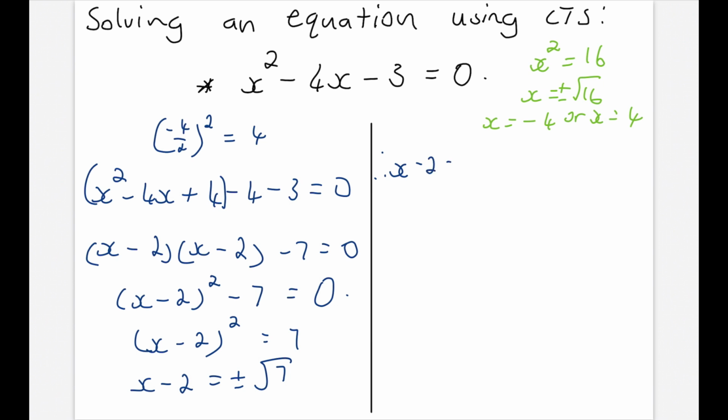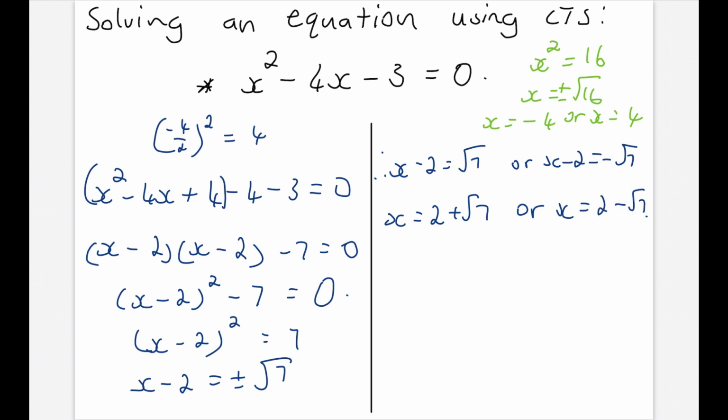X minus 2 is either square root of 7 or x minus 2 is negative square root of 7. I hope that makes sense. And so x is either 2 plus root 7 or x is 2 minus root 7.